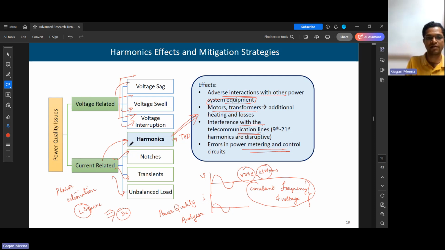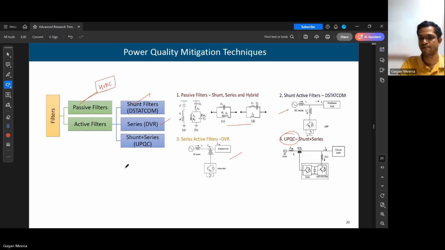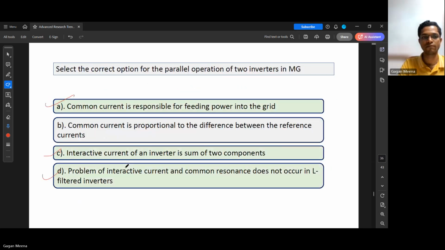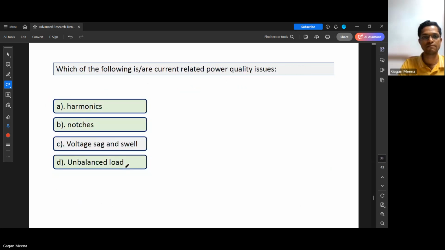And in current related, we have harmonics, notches, transients, and unbalanced load. So current related are harmonics, notches, and unbalanced loads. Voltage sag, swell, and interruption are not. These are voltage related.